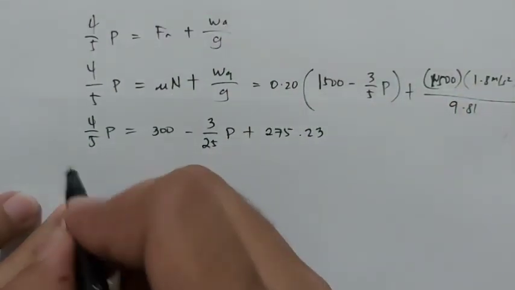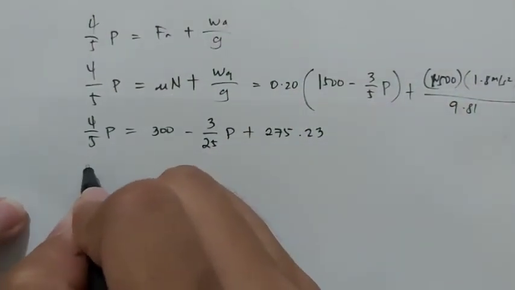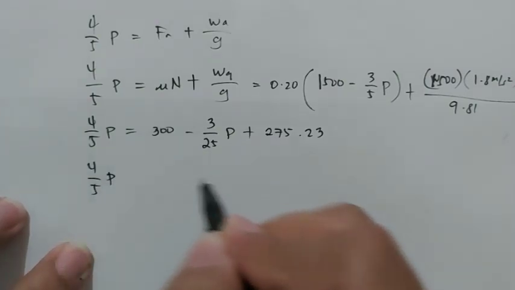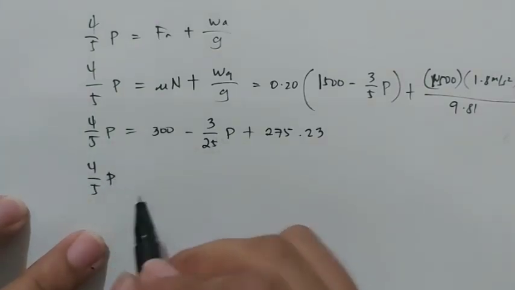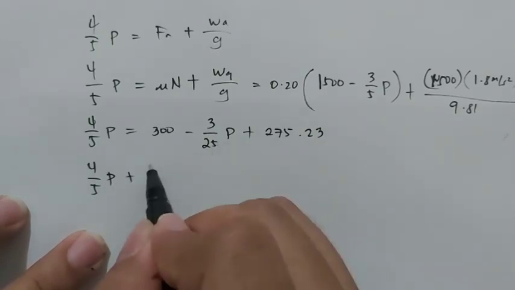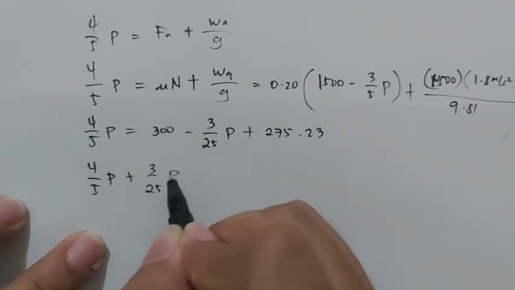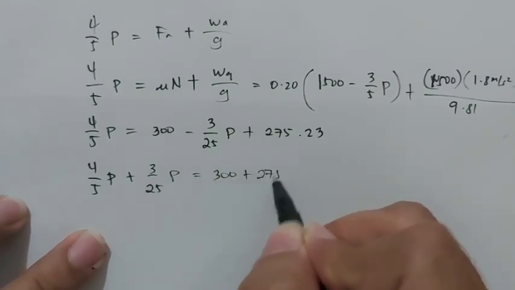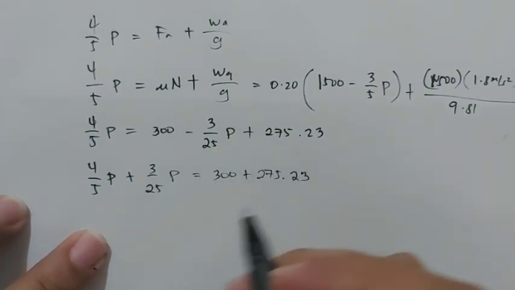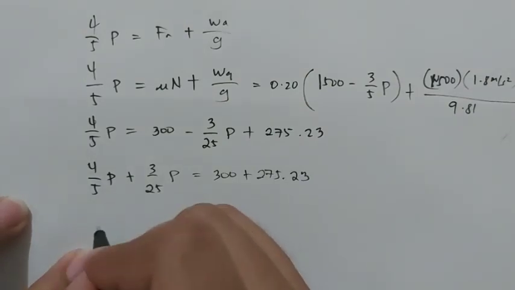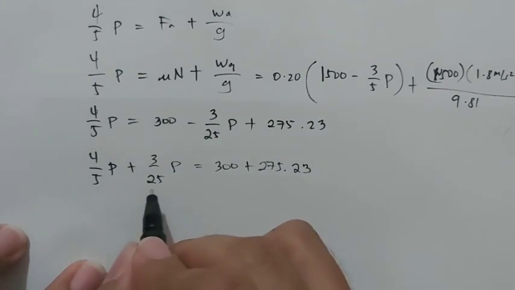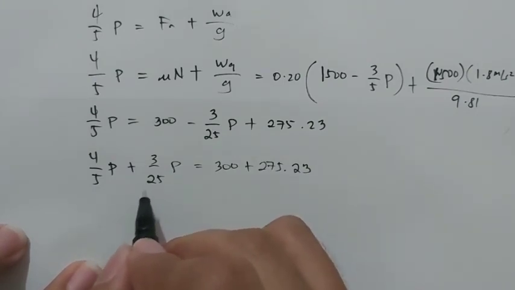So solving, continue lang natin. So 4 over 5 P, so transpose na natin to sa kabila para mas madali. So we have 3 over 25 P is equal to 300 plus 275.23. So we have, so pagsamahin natin itong term na to, so least common multiple is 25.